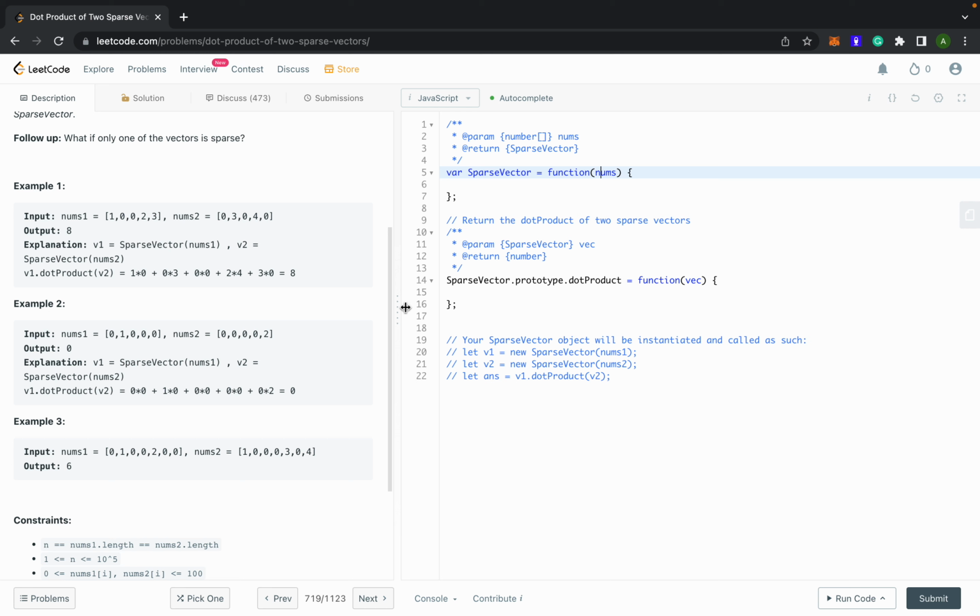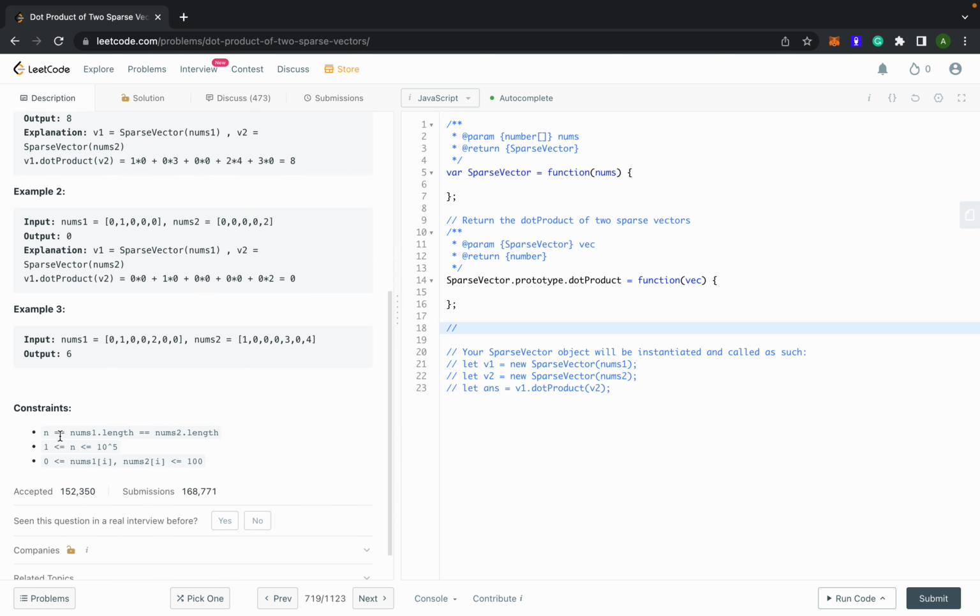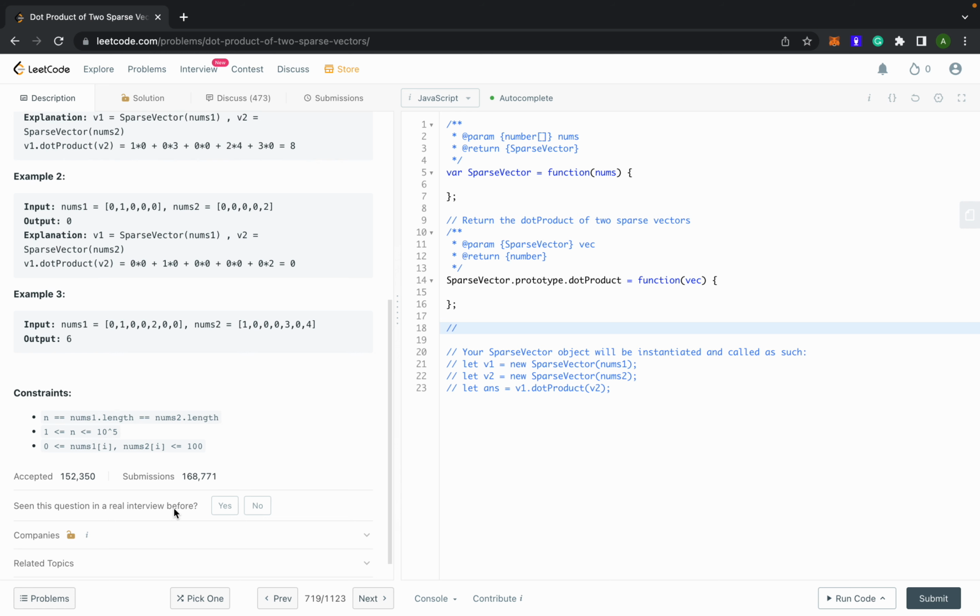I'm thinking that what I need to do is this. I already have two array vectors, and I can see here that the two of them are going to be of the same length, and that's not going to be greater than 10 to the power of 5, so that's fine.